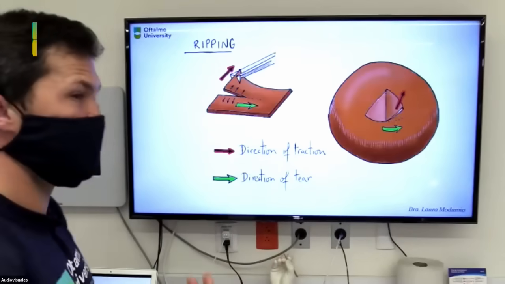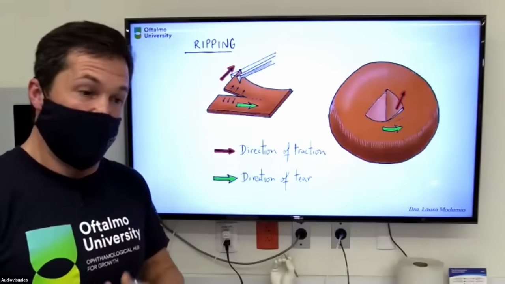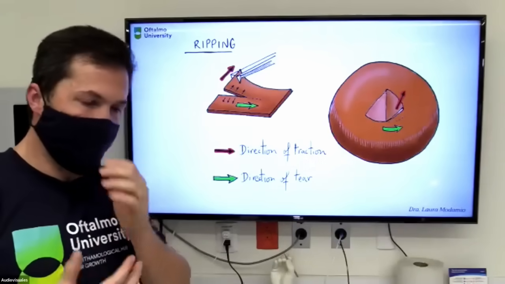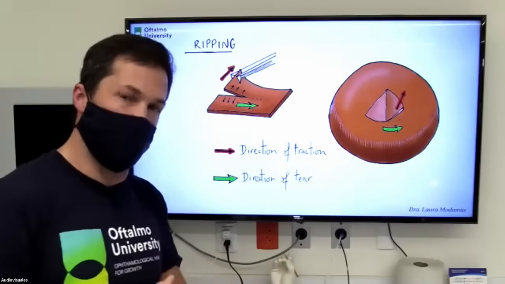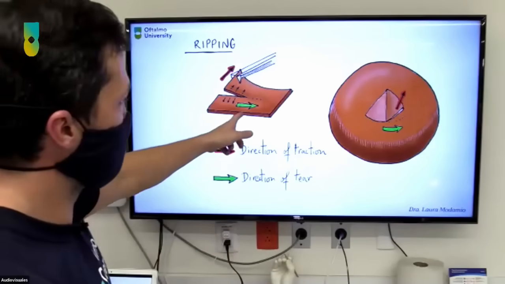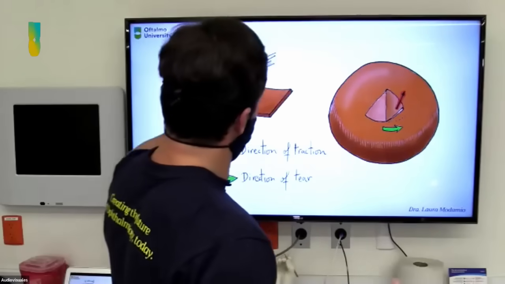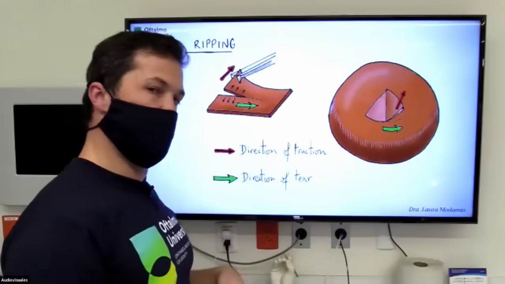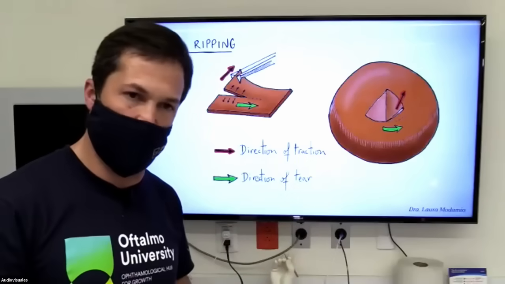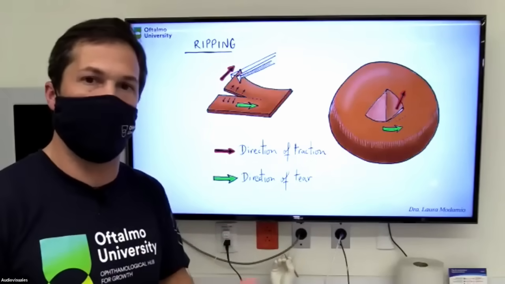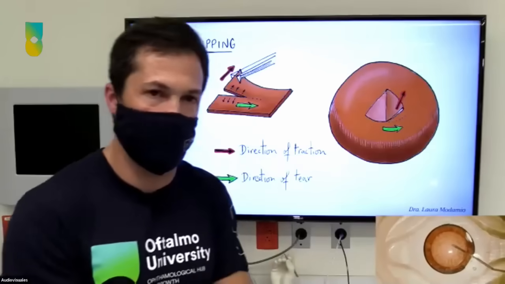When you do ripping, and this is very important, because if you are going to do a capsulorhexis, you need to have a way to rescue that capsulorhexis if it's going to the periphery. So the ripping maneuver is going to help you change the direction of the tear to the center. Okay, there are different concepts. We could talk for hours because I have seen so many surgeons do one and another one, but these are two important concepts to have.